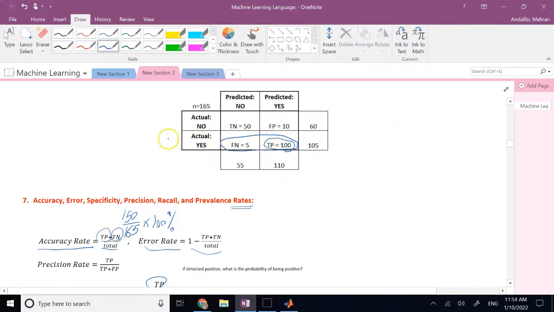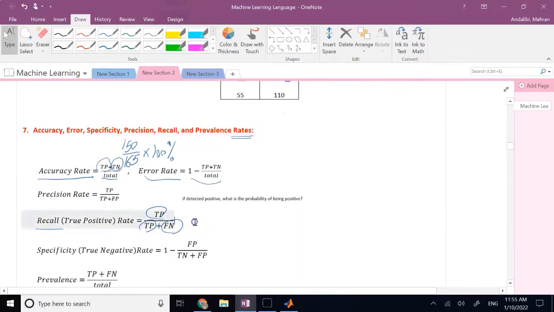That means if the actual thing was yes, what is the probability that you predicted yes? So it's kind of the opposite of that. You see here it says if detected positive, what was the probability of being positive?